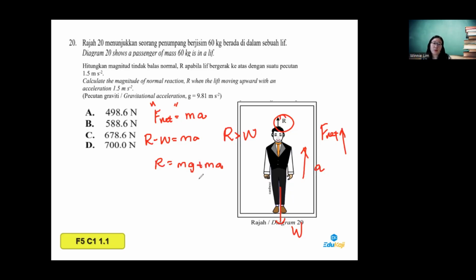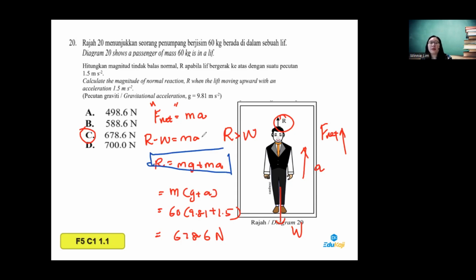You can factorize the mass as well, m(g plus a). Then the mass is 60, g is 9.81, a is 1.5. At the end, you're supposed to get the answer of C, 678.6 Newton.